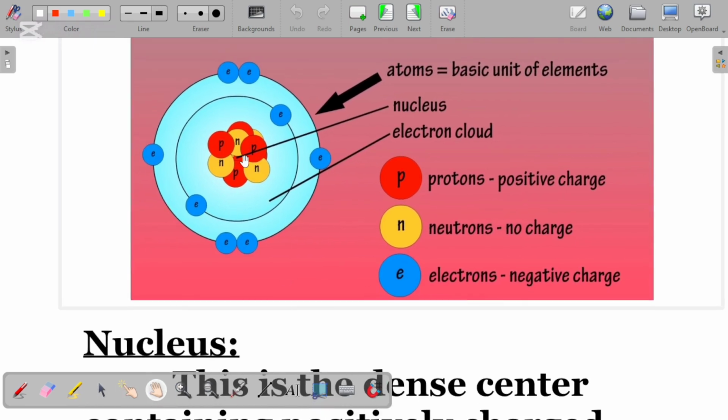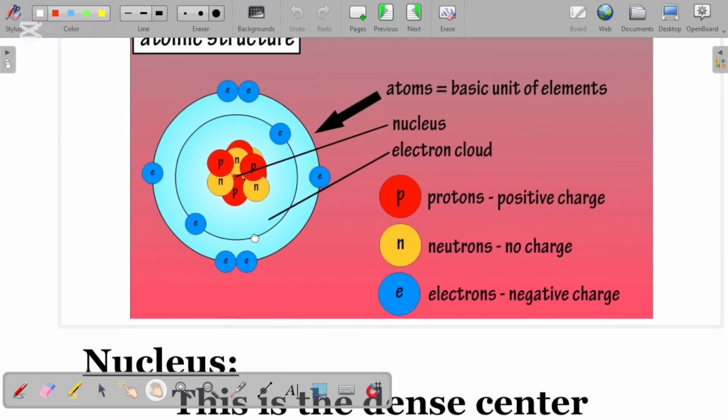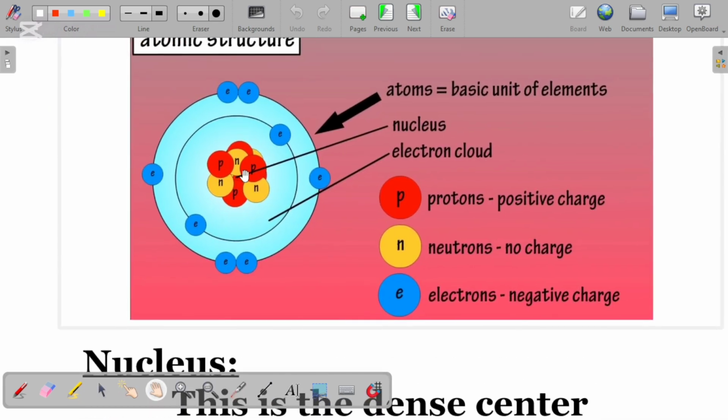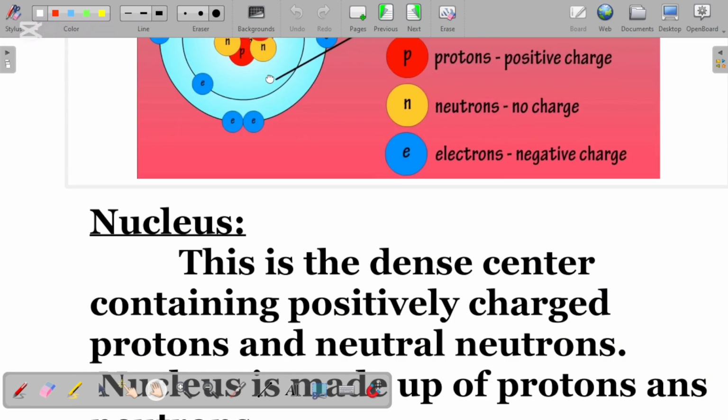So inside the nucleus, you would see a proton and a neutron. We are told that the neutrons are neutral. That means they have no charge. So the nucleus is made up of protons and neutrons.